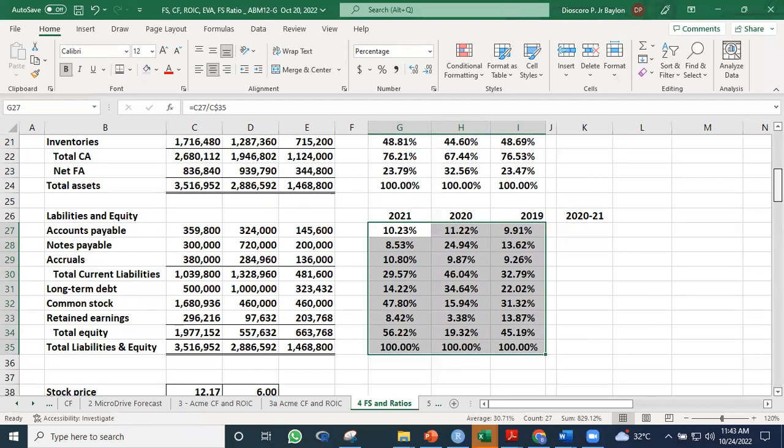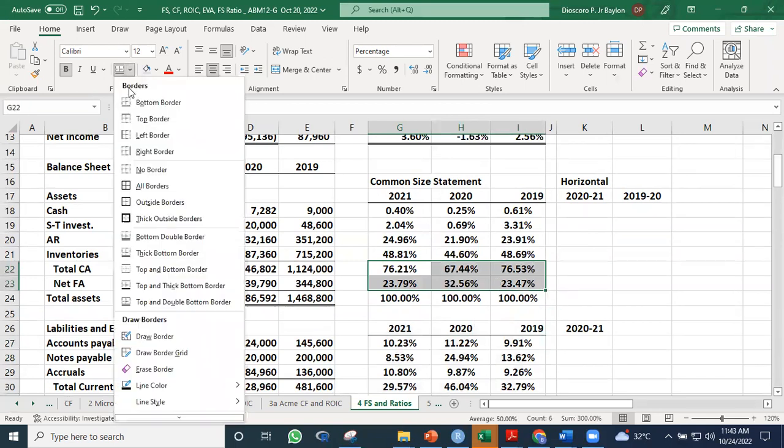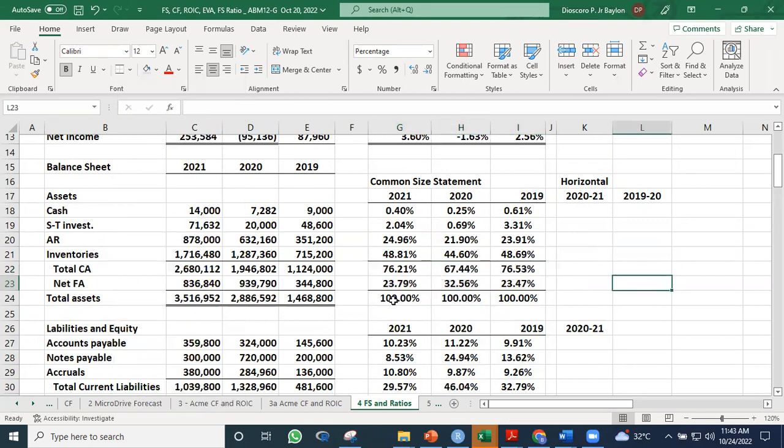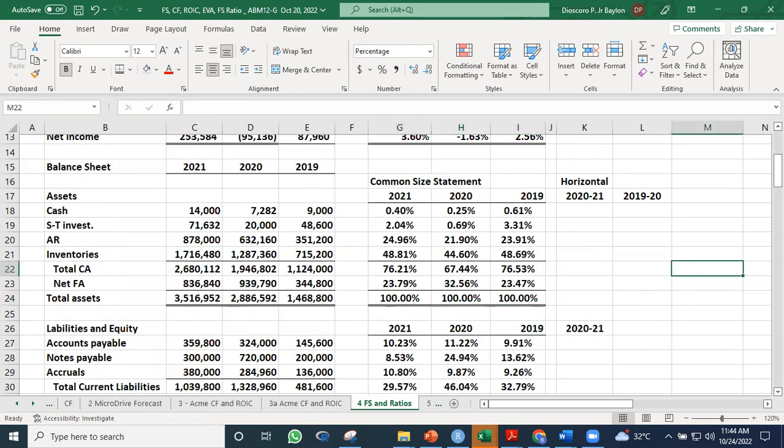Okay, so let's just do a bit of formatting. So lagyan natin dito ng line, top and bottom, and then this one, top and thick bottom, double, right?